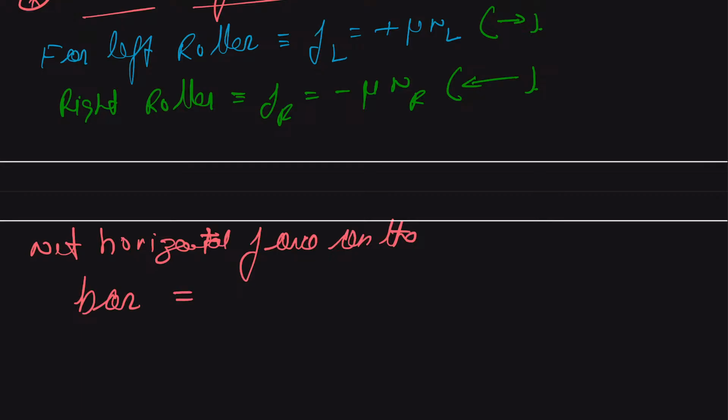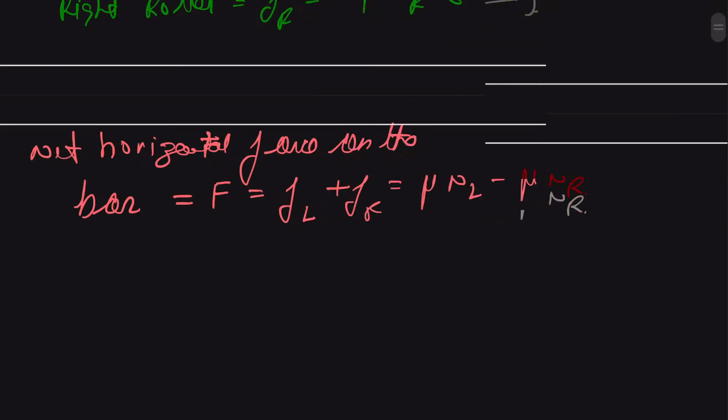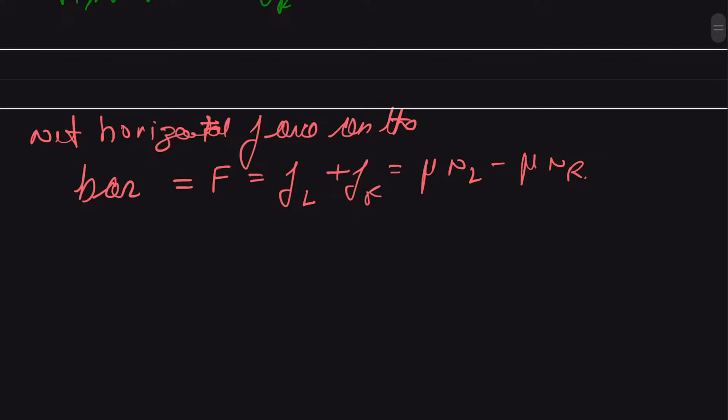And this net horizontal force, let us suppose, is F, will be equal to F_L plus F_R, and this gives us mu N_L minus mu N_R. Because we knew N_L and N_R, we can find out our F.